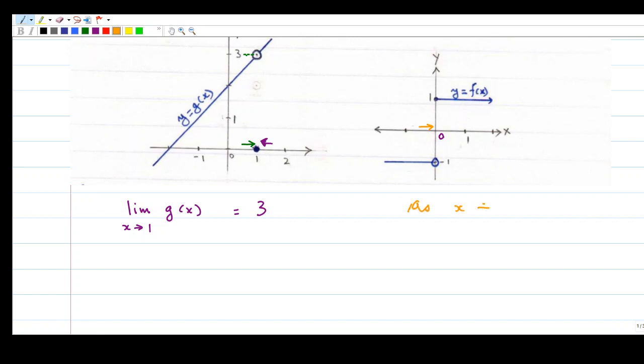This is how we read this out: x approaches 0 from the left.